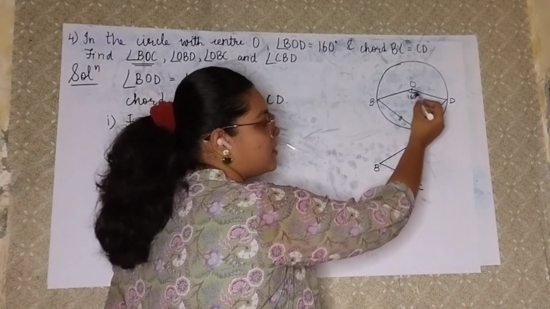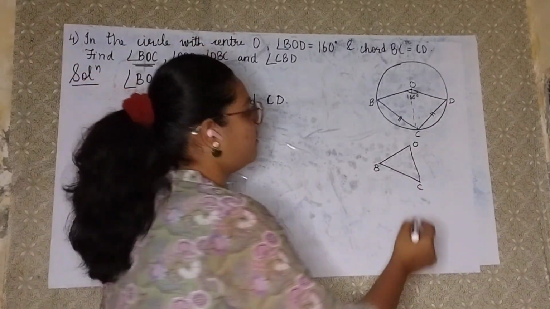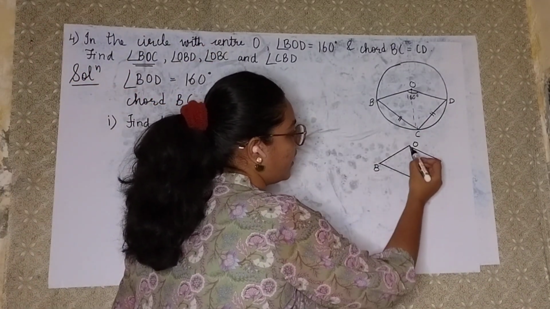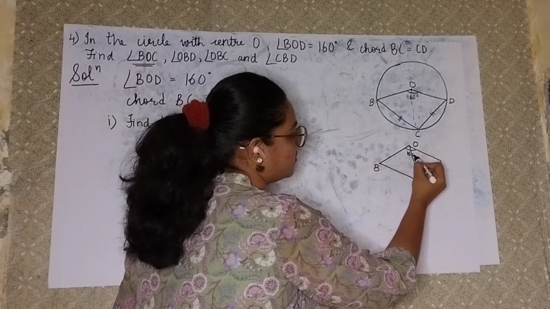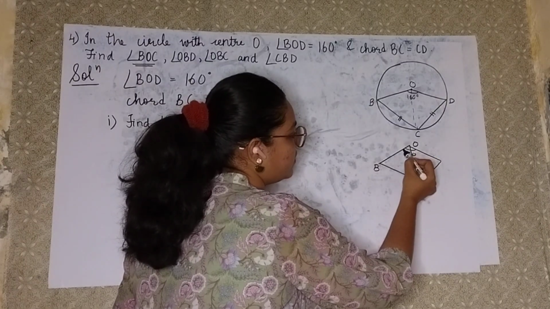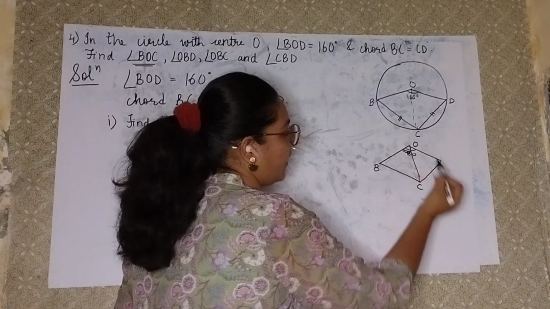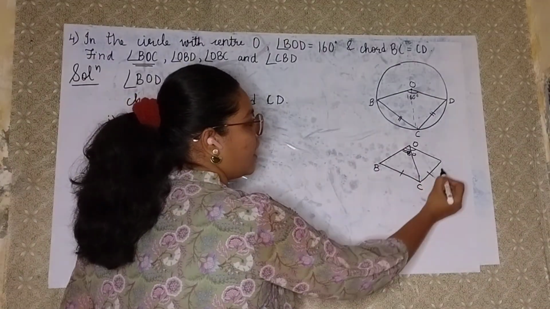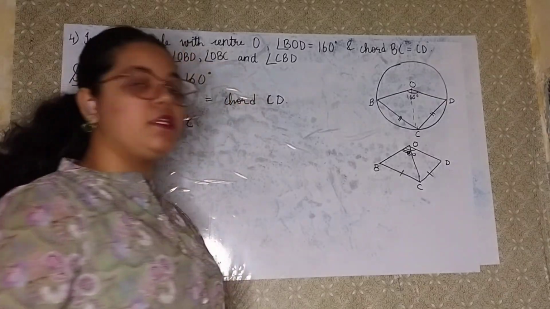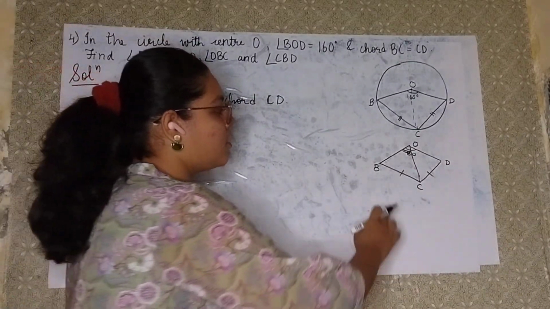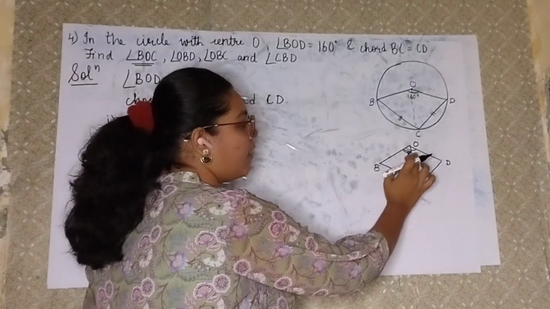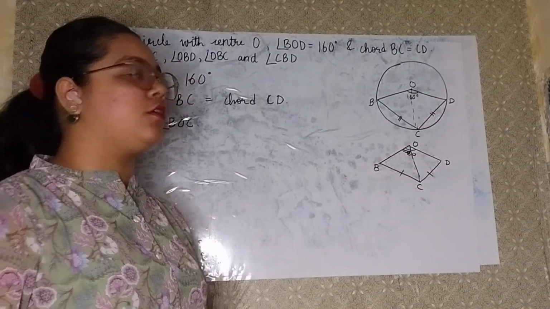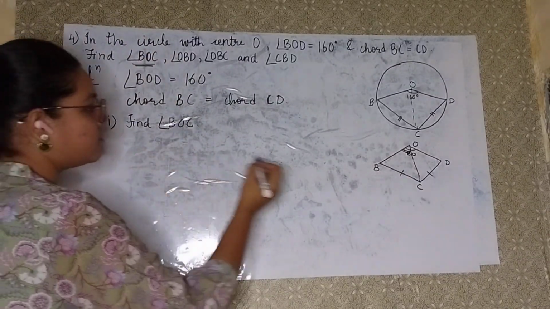Angle BOC is inscribed into a quadrilateral that is extending over here, and this is 160 degrees. We have to find only this part of the angle. So what we will do is, BC and CD are equal chords, so we will half the angle O to find out angle BOC. So this will come like this.